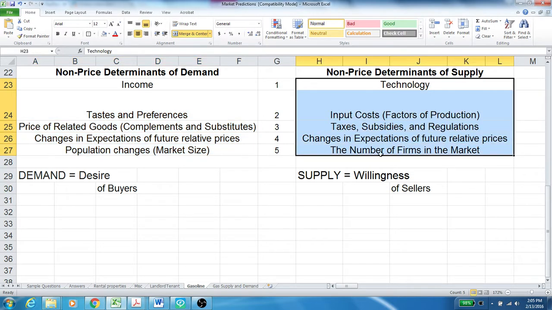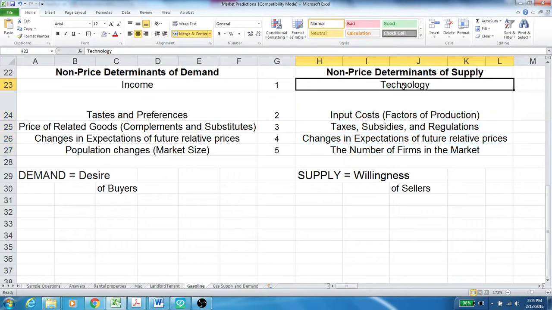Any of these items can shift supply to either the left or right depending on what direction it goes. Just pause for a second and think about whether it's going to cause an increase or decrease in supply. Technology, when it's adopted, always shifts supply to the right because it's an increase in supply. Input costs are a different matter.